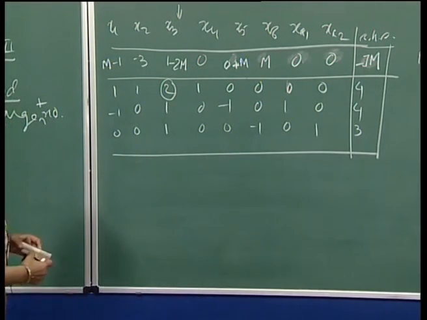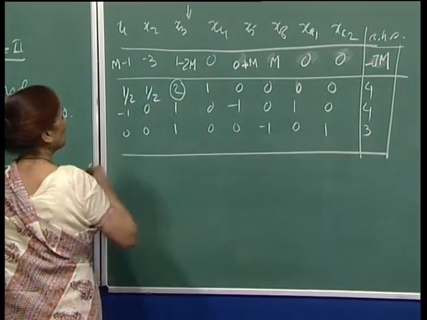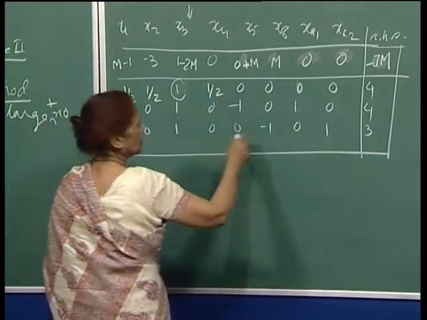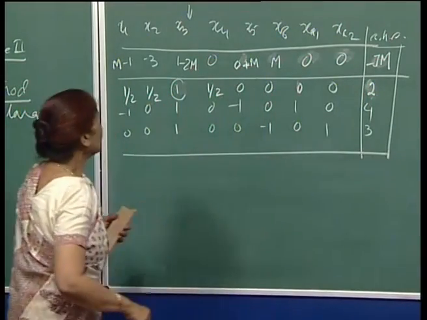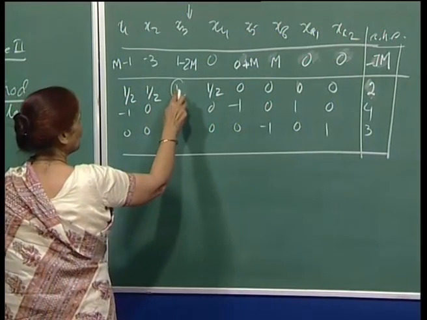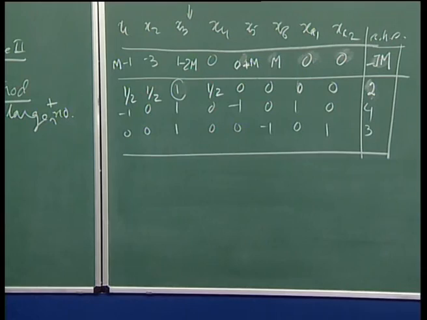Okay. So, since the table is large, I will try to make the computations right here. So, this becomes 1 by 2, 1 by 2, this is 1, 1 by 2, and this is 2, right.